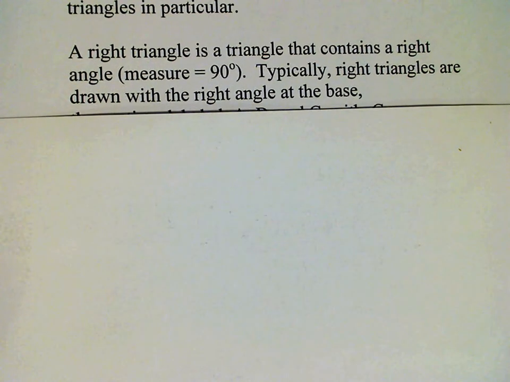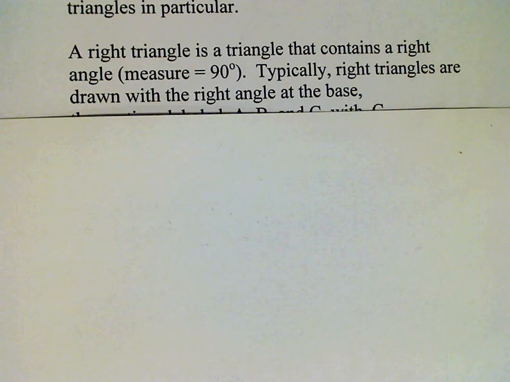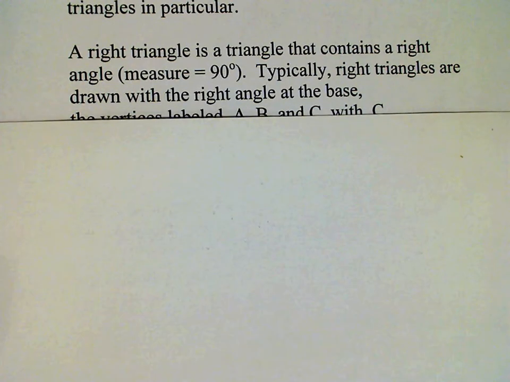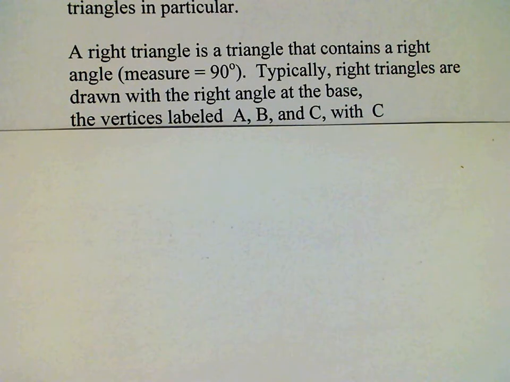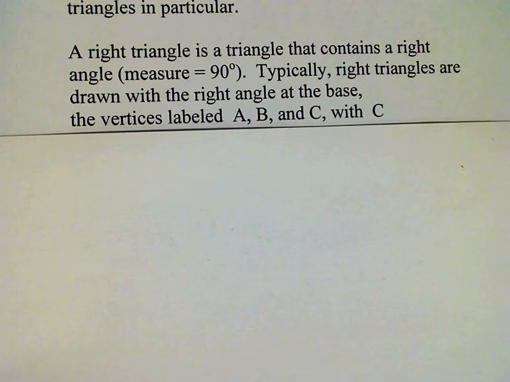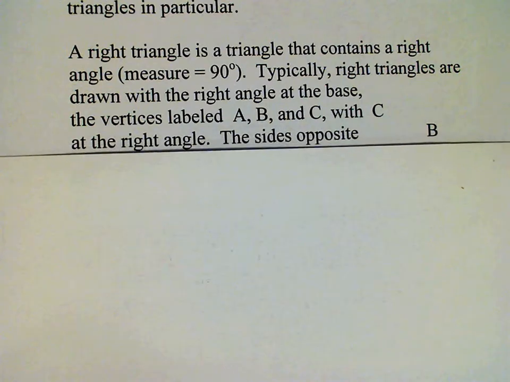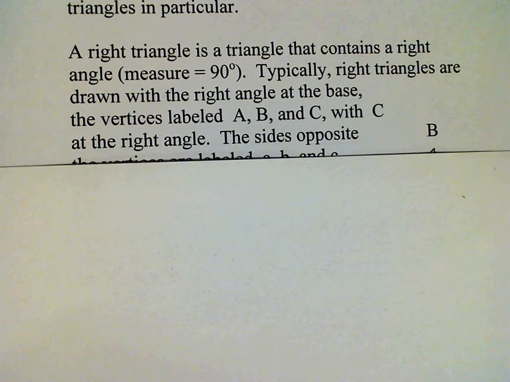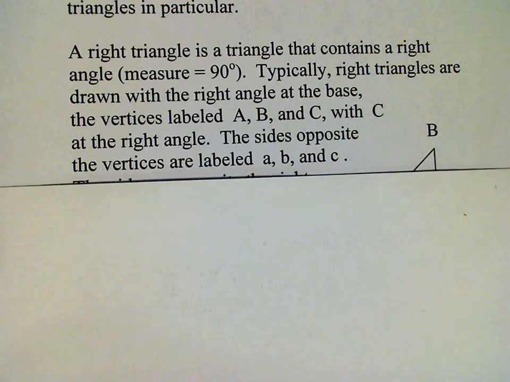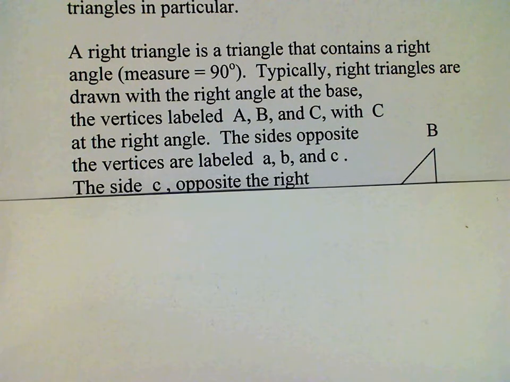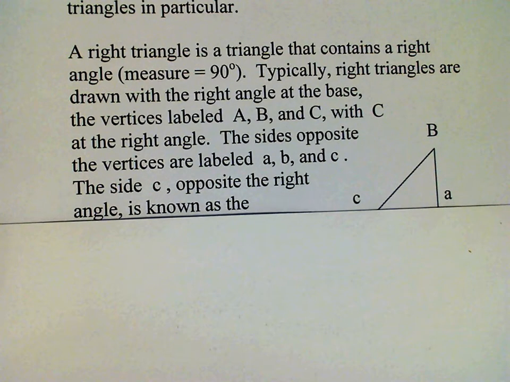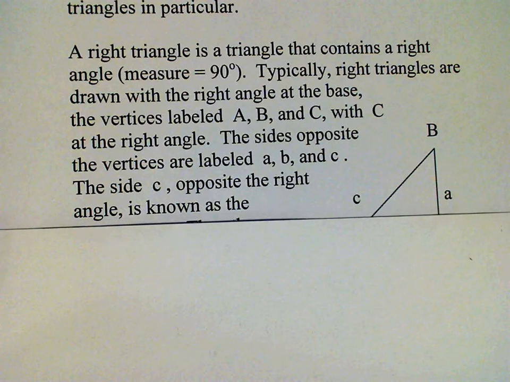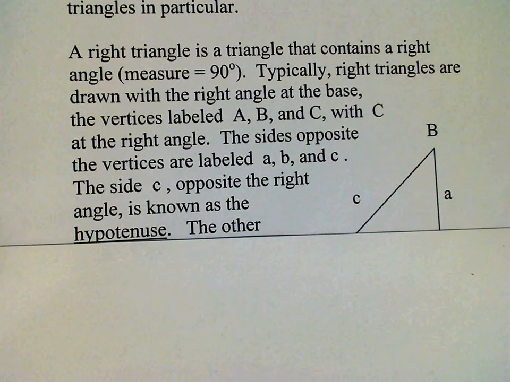Now, typically we will draw a right triangle with the right angle at the base and vertices labeled with capital A, B, and C, with C being at the right angle. Now, this is not a requirement, it's just the usual way that this is done. The sides opposite the vertices are labeled with lowercase letters a, b, and c, and the side labeled lowercase c will be opposite the right angle.